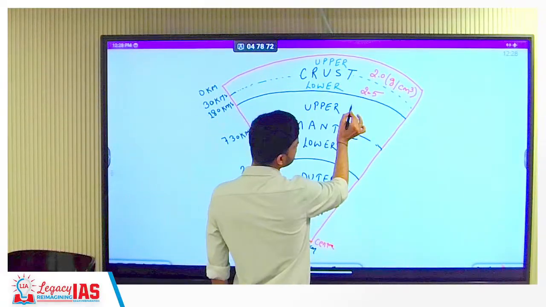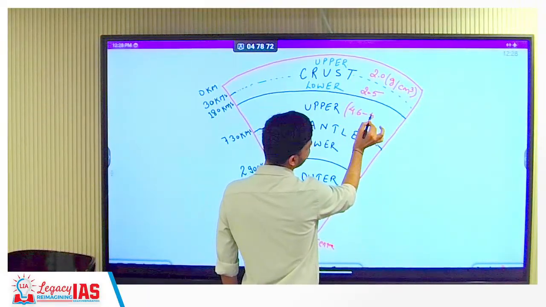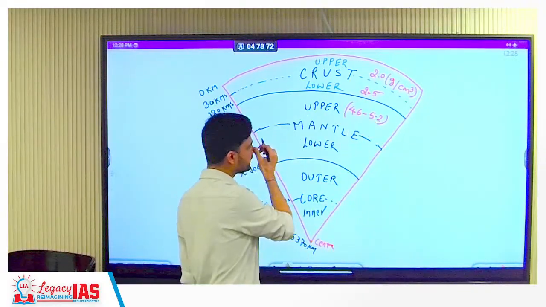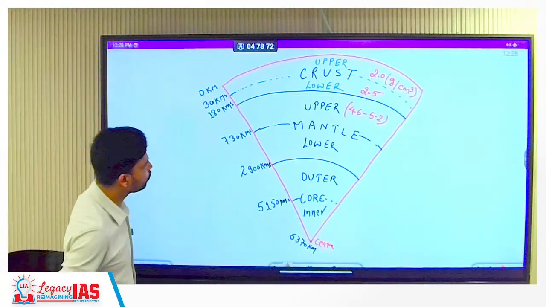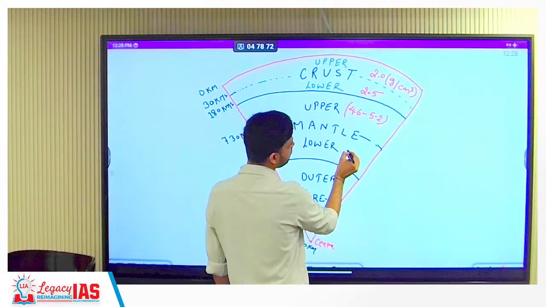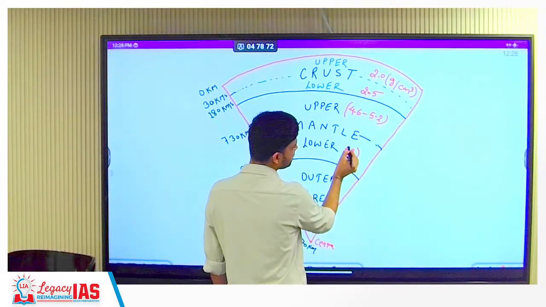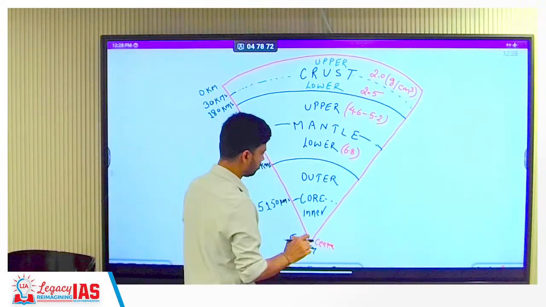In the upper mantle, density suddenly jumps and is found to be in the range of 4.6 to 5.2. Average density is in the range of 4.6 to 5.2 gram per cubic centimeter. In the lower mantle, it jumps again and becomes around 6.8.